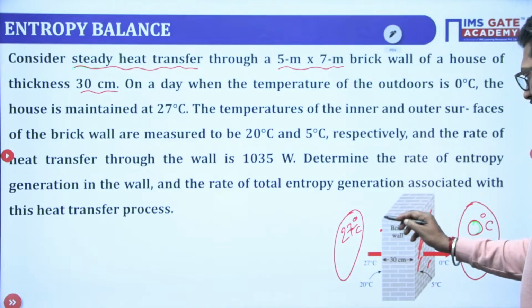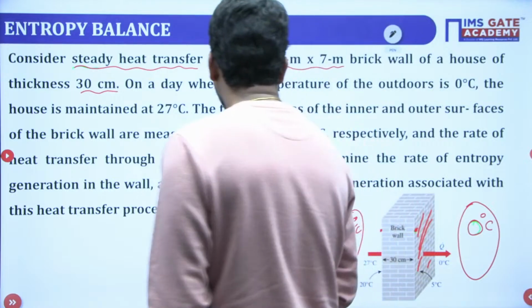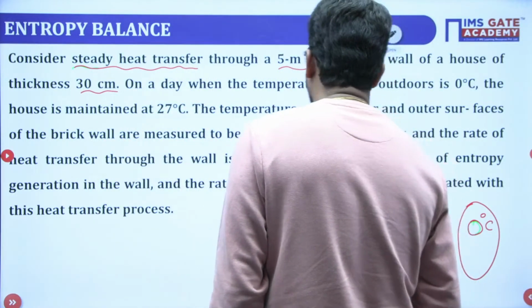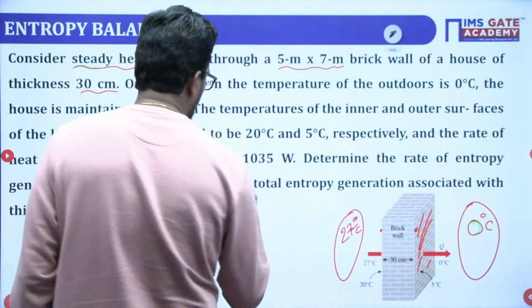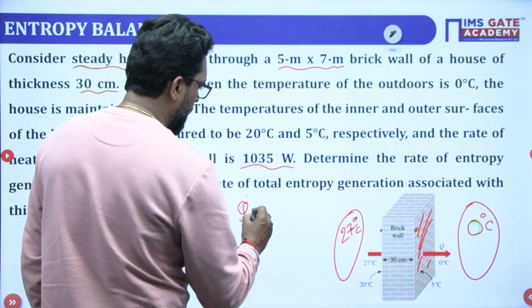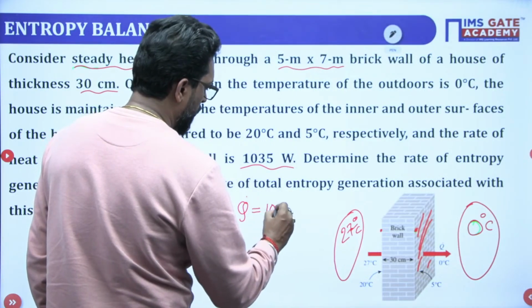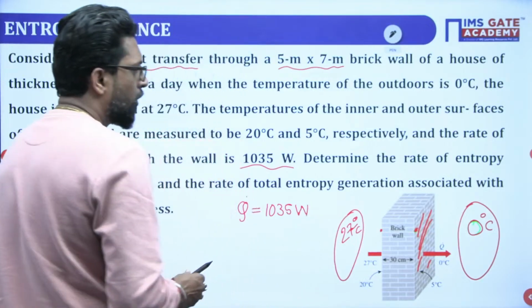Now the temperature of the inner and outer surface, and the rate of heat transfer through the wall, Q, is given as 1035 watt.